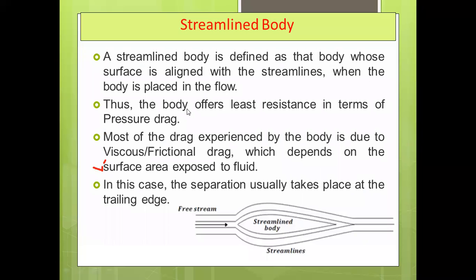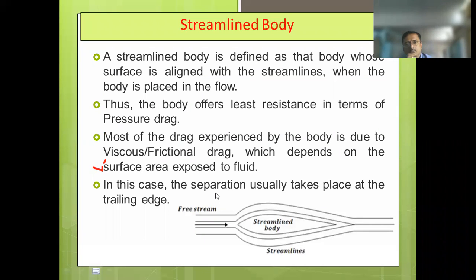Streamlined body. So what is the meaning of streamlined body? You might have seen the various types of fish. Then you might have seen the birds. Their body is a streamlined body. Also, the vehicles, such as race cars, are shaped like a streamlined body. So what is the reason behind the streamlined body?